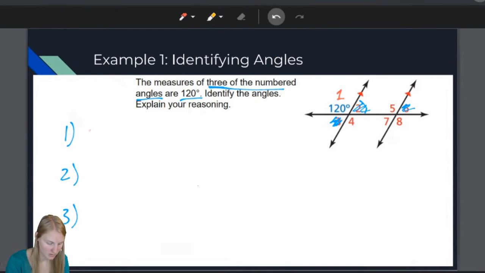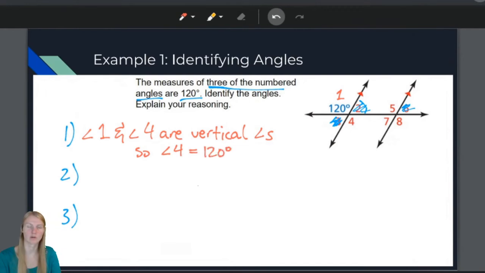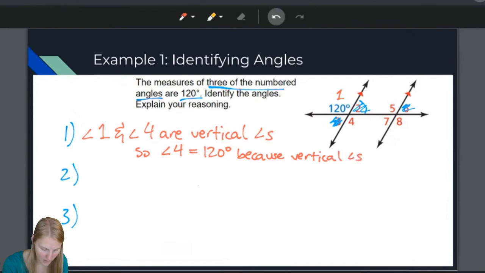Angle 1 and angle 4 are vertical angles. So angle 4 is equal to 120 degrees, because vertical angles are congruent.